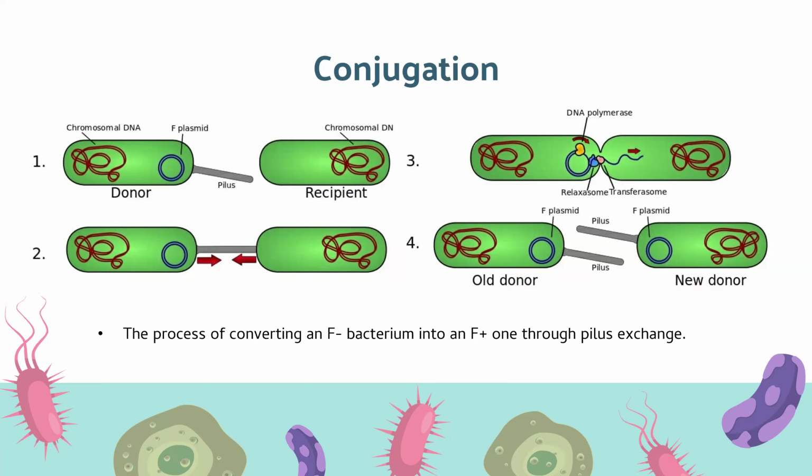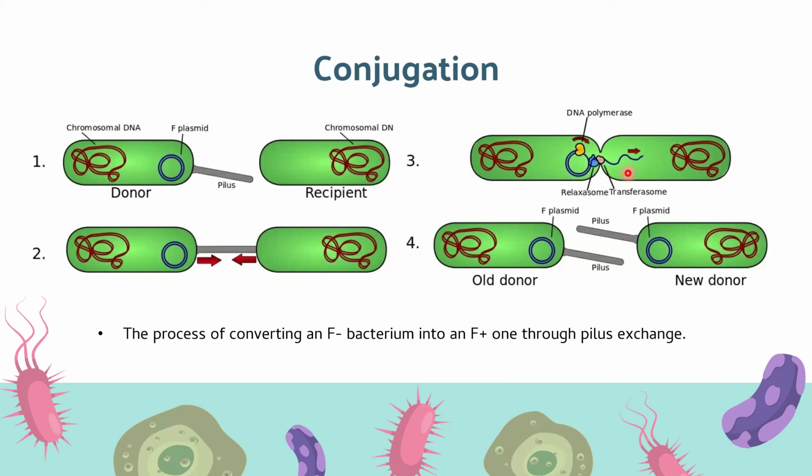So, just to say it again, we have a donor bacterium that is F positive. It has a conjugative plasmid. And we have this recipient bacterium that lacks an F plasmid. It is F negative. What happens is that this F positive bacterium is going to link with the recipient.